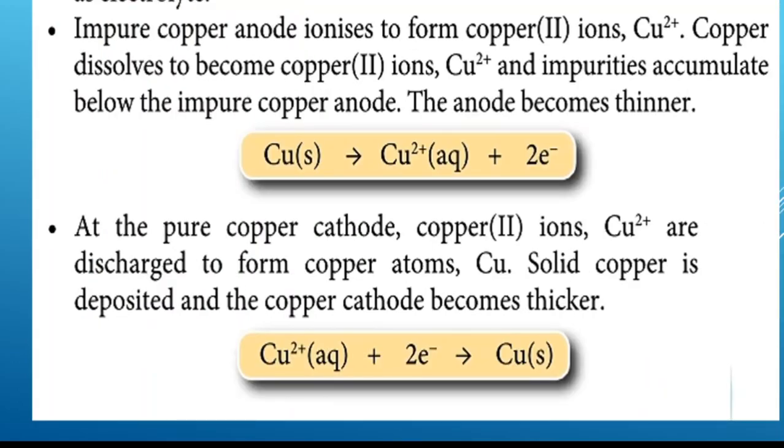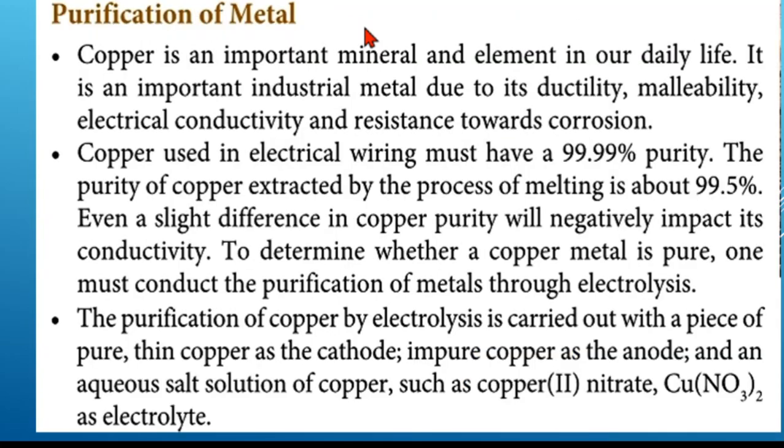Okay. So, apa yang terjadi ialah the impure copper yang di anode tadi, dia akan ionize. The purification of copper by electrolysis is carried out with a piece of pure di cathode, impure di anode.